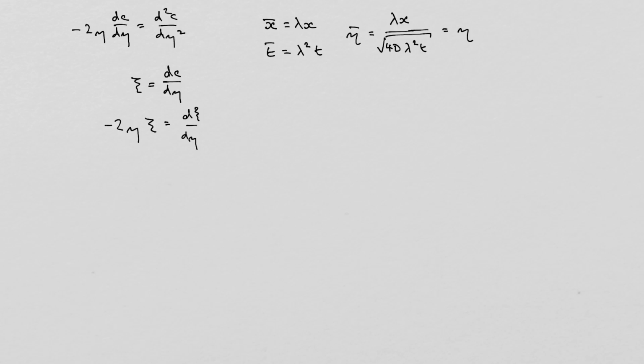This isn't going to cause you much trouble, is it? You just separate the variables. Is that right? So psi is psi naught e to the minus eta squared there. Okay? But psi is actually dc by d eta.